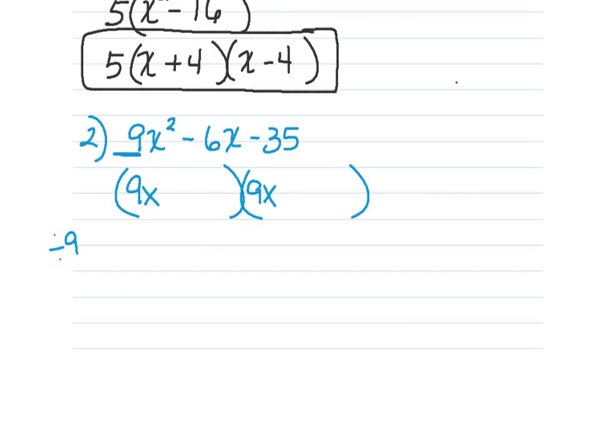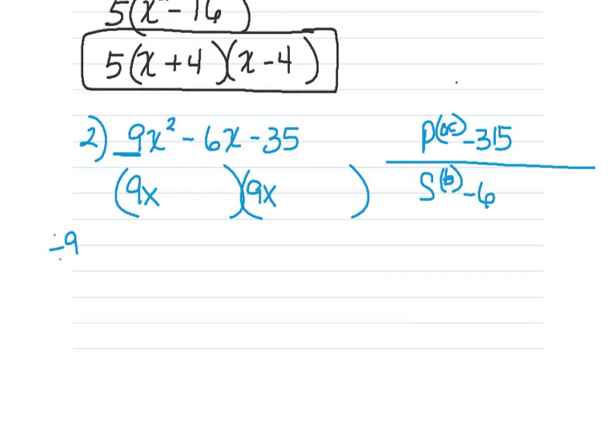Now I have to find two integers whose product is equal to a times c, that is 9 times negative 35, or negative 315. And those same two integers have a sum of b, which is negative 6.